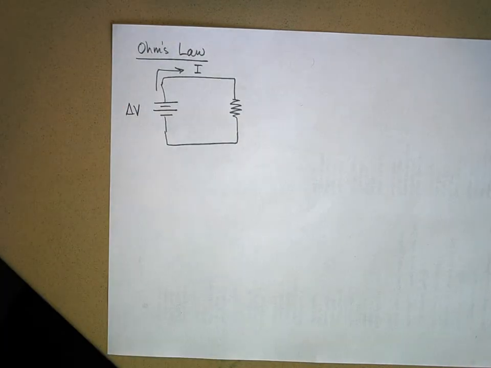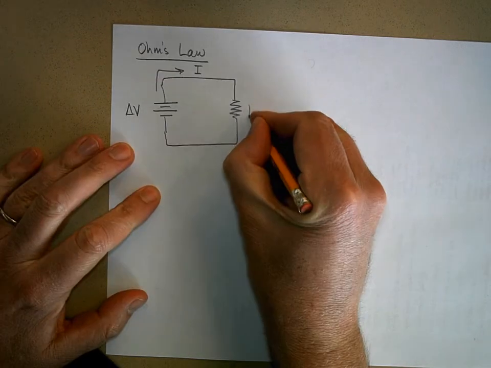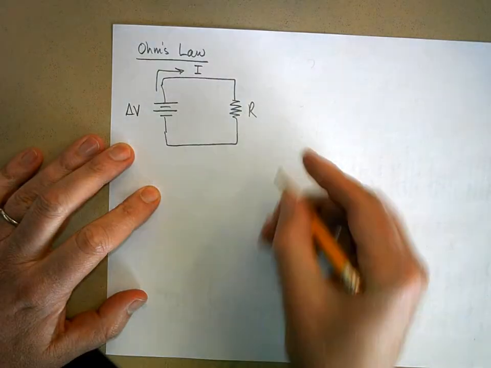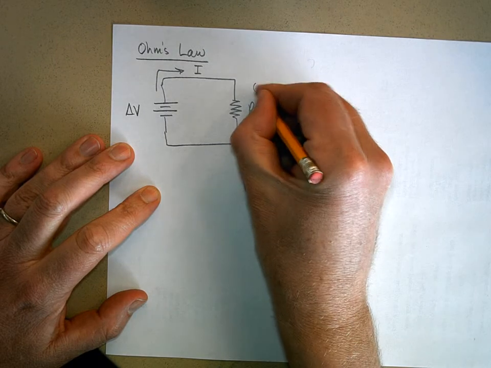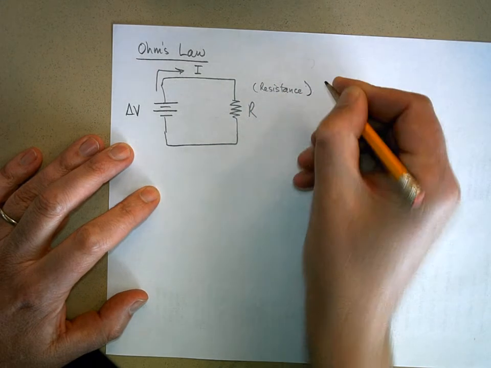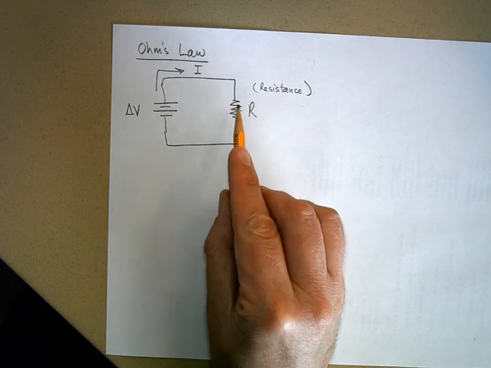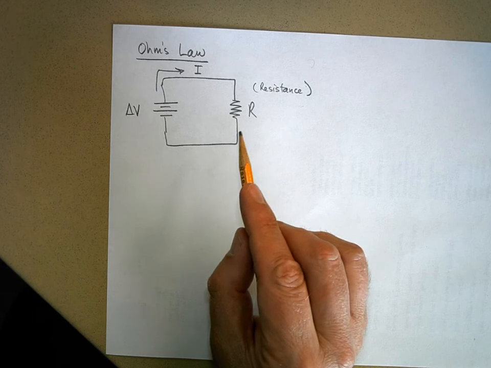But now what we're going to do is define this quantity R, which we're going to call resistance. And it's a property of this, that resistance is a property of my light bulb.